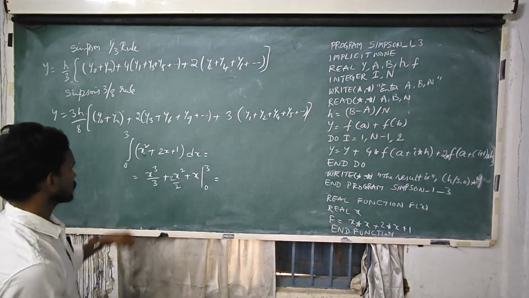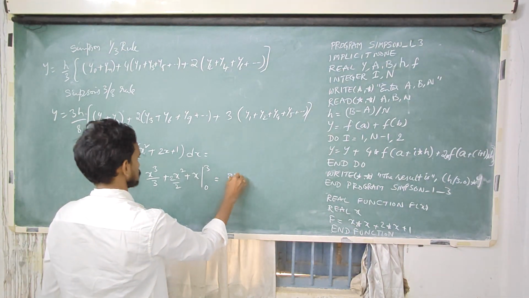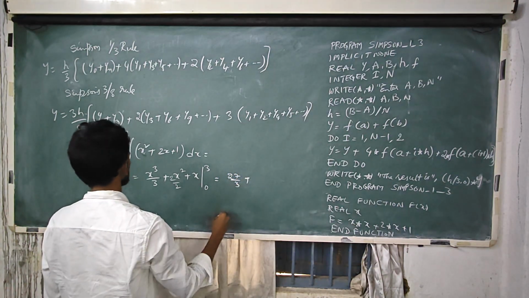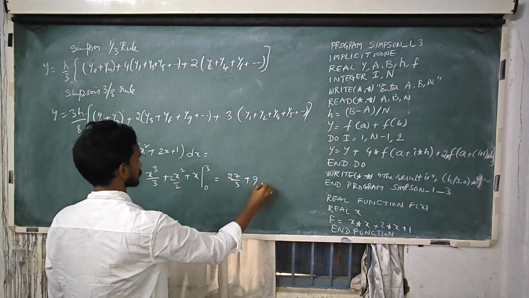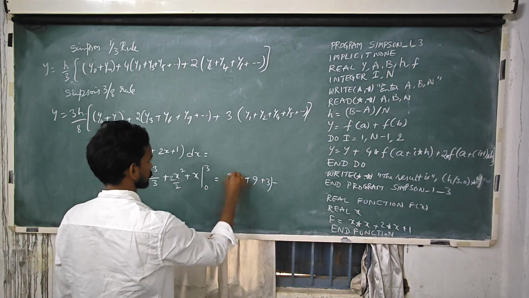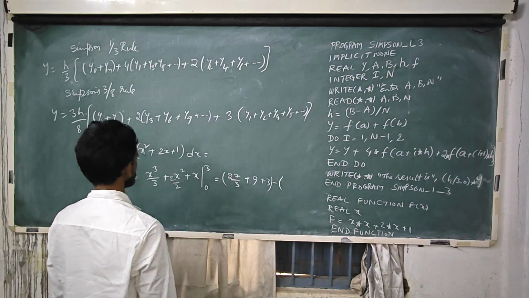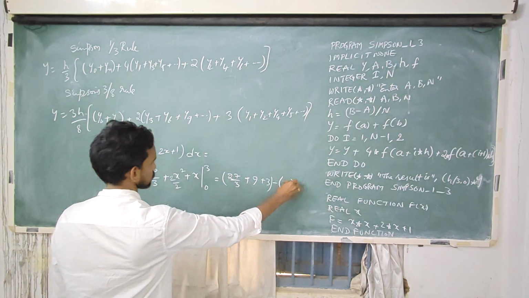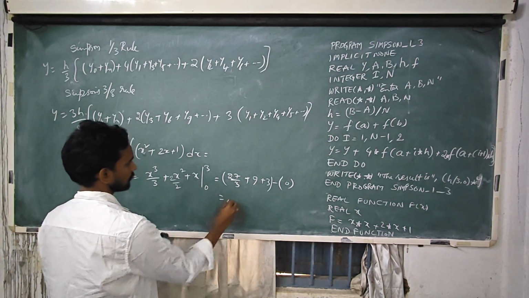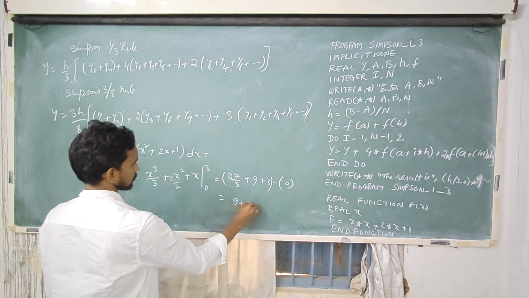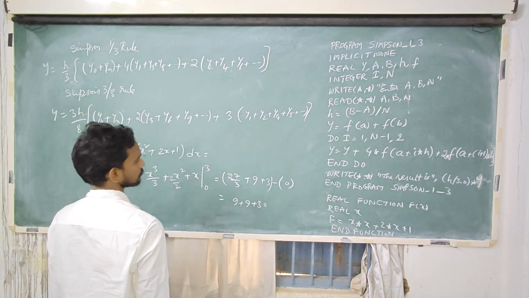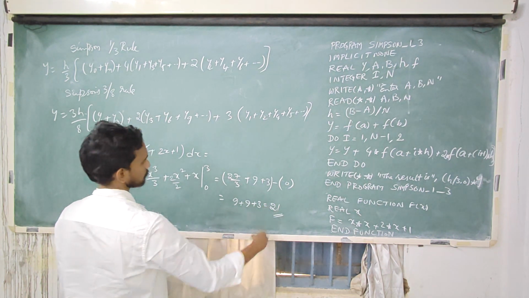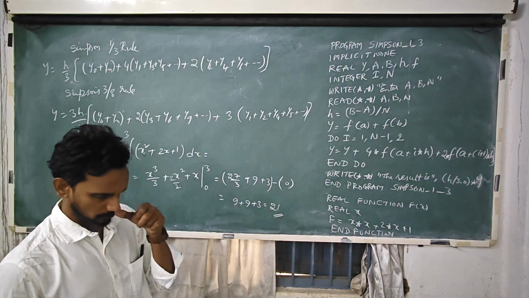So it is x cube by 3, 27 by 3 plus 9 plus 3 minus 0. So 9 plus 3, 21. You should get 21 as a result.